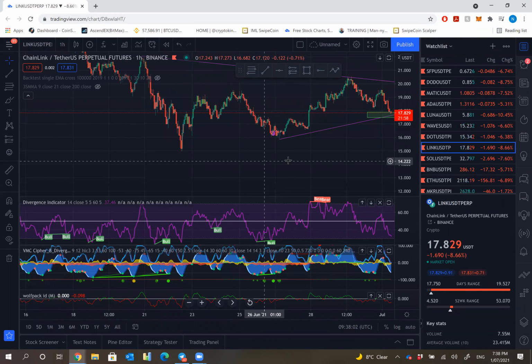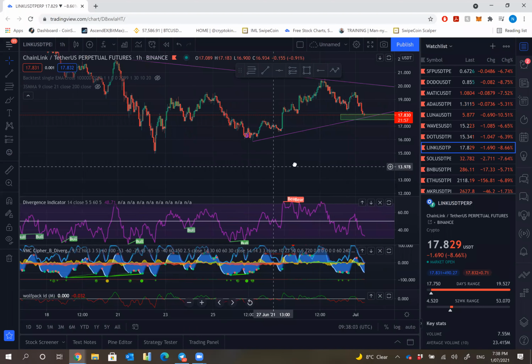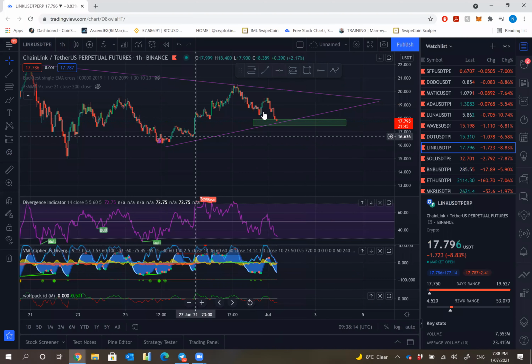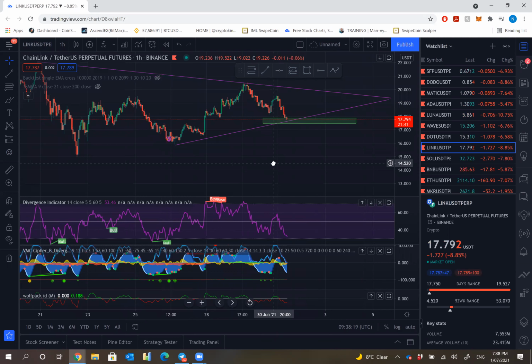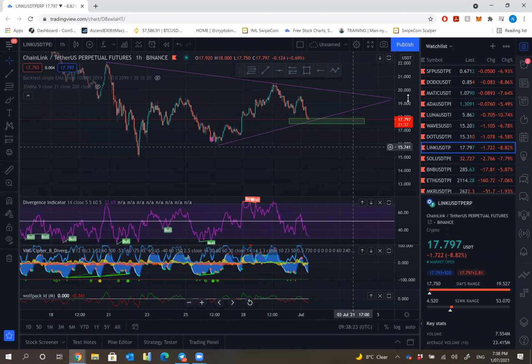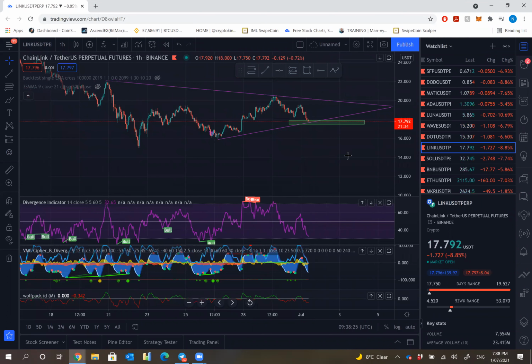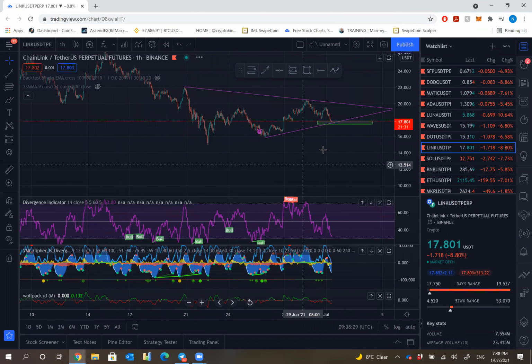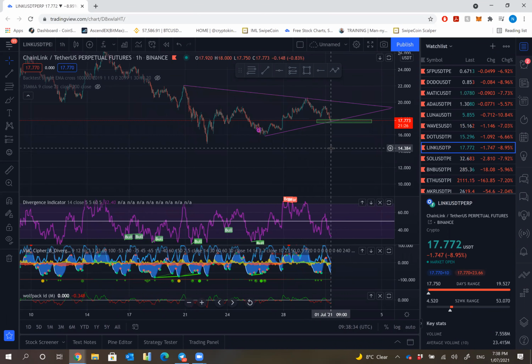Now, when you're entering a trade, that might be from a continuation pattern. A lot of people ask me where I put my stop loss and my take profits. So when you're trying to sort out take profits and stop loss, where I set them is, I always set my stop loss below the last lowest point.